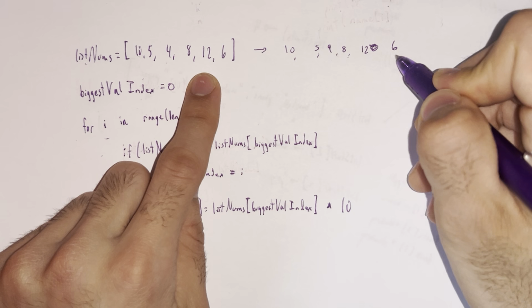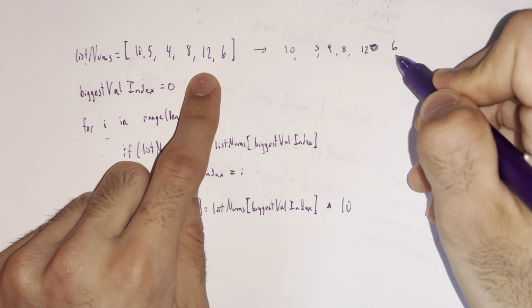So basically, let's say you have a list of nums, right? And in our list of numbers, we want to make the biggest number multiplied by 10 and modify that in the list nums. So we have 10, 5, 4, 8, 12, and 6, and we want to make the biggest number multiplied by 10 and changed.